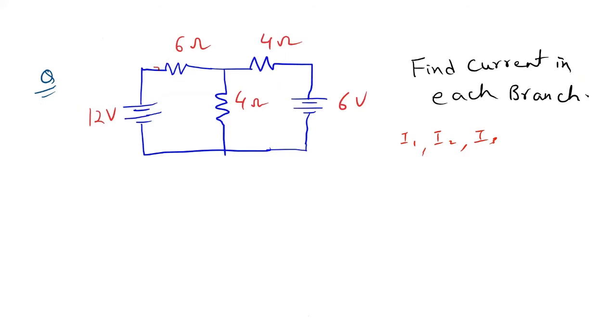This one is, let's say, I1, this is I2, and this is I3. Okay, so definitely I3 is not the sum of I1 plus I2. It is I13 plus I23. So I would like you people to solve this problem using the superposition principle.